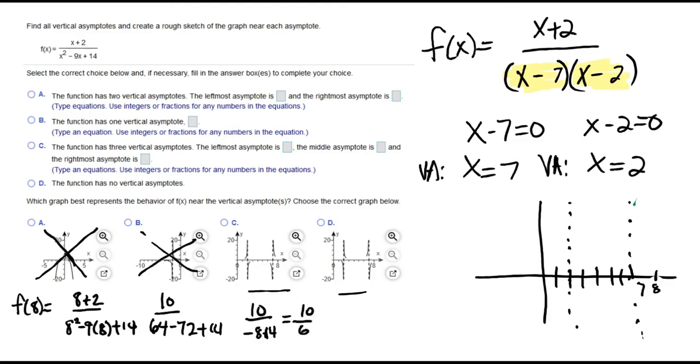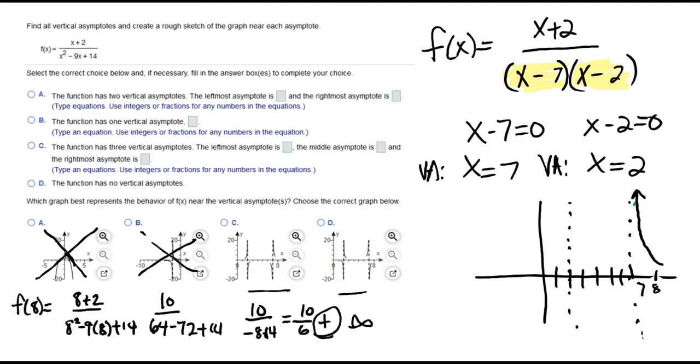It's 10 over 6. That's a positive value. Because that comes out to be a positive value, I know this part of the graph will go to positive infinity.